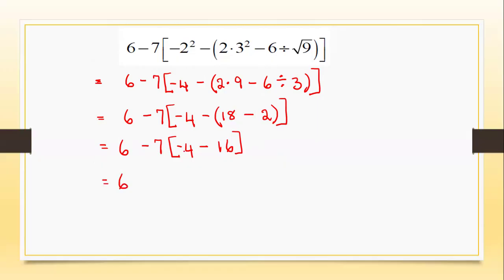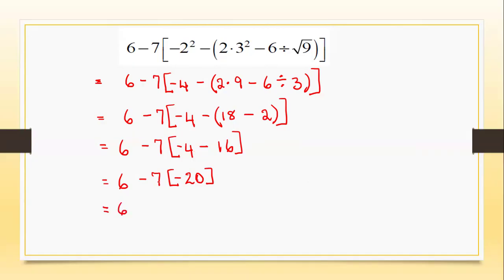We can expand the brackets by using the distributive property, or we can simplify what's inside. I'm going to go ahead with simplifying what's inside. Negative 4 plus negative 16 gives us negative 20. Signs are the same, so we just add and keep the sign.